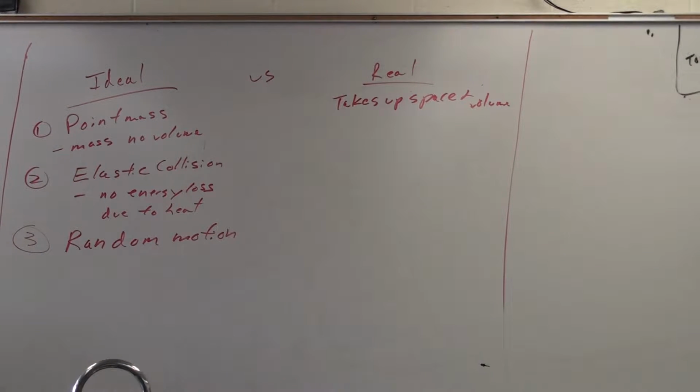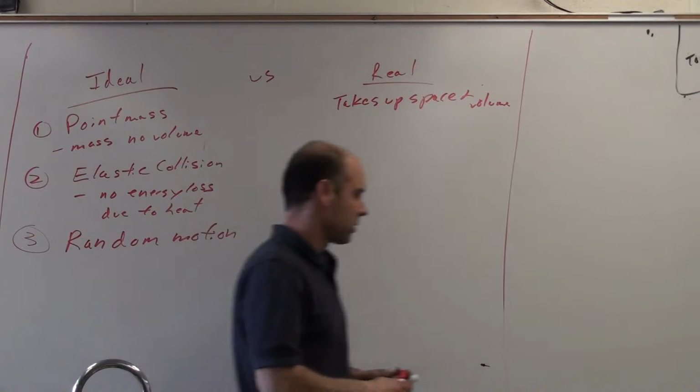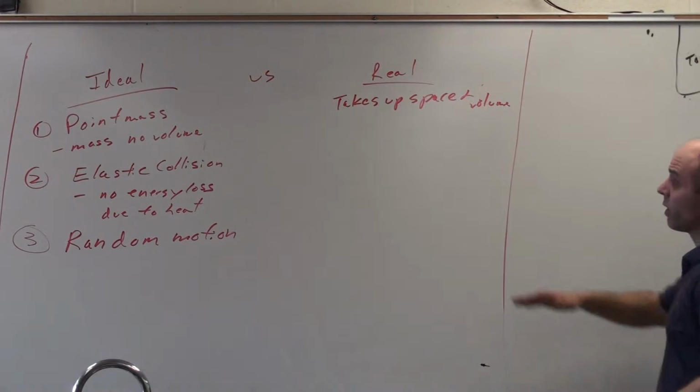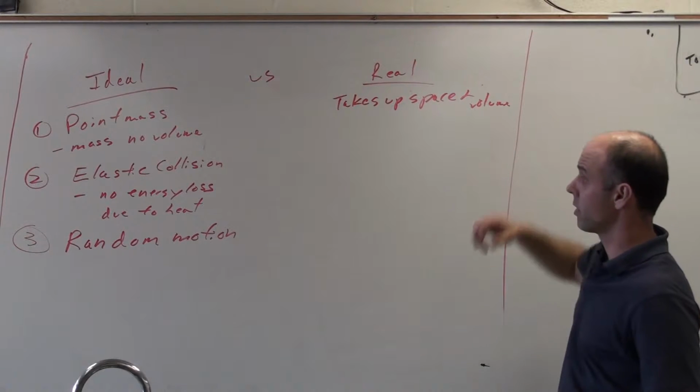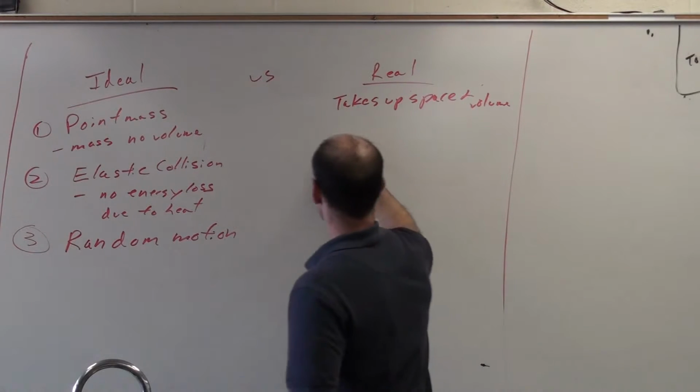And the third is random motion. We assume that the gas particles are moving independently of each other. So then obviously with real gases, it's just the opposite. Collisions aren't elastic.